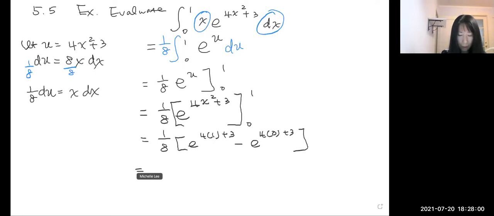Now, can you please calculate and give me an approximation? E to the 7 minus e to the 3, right?